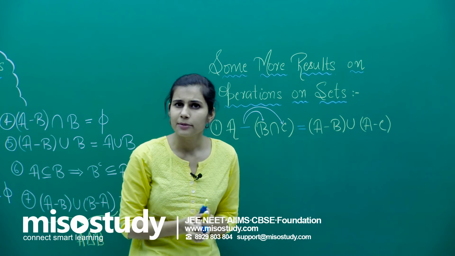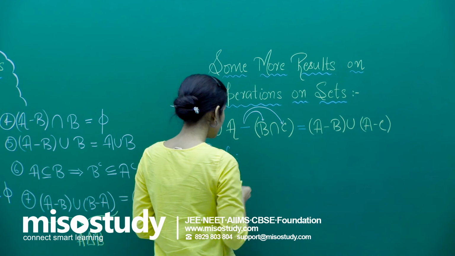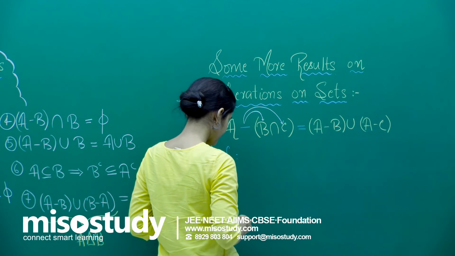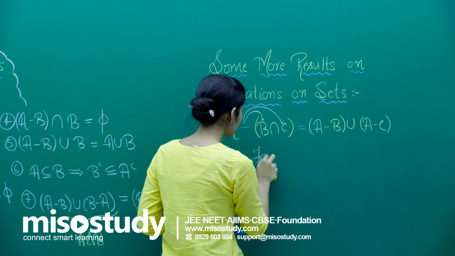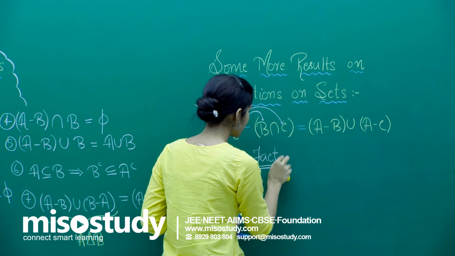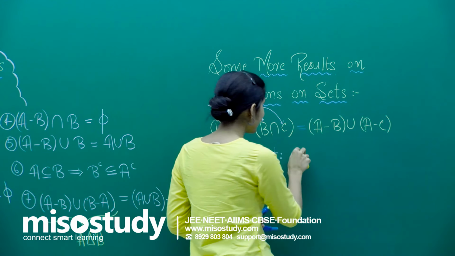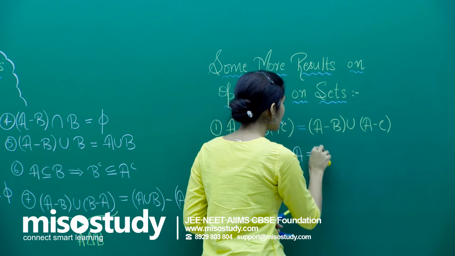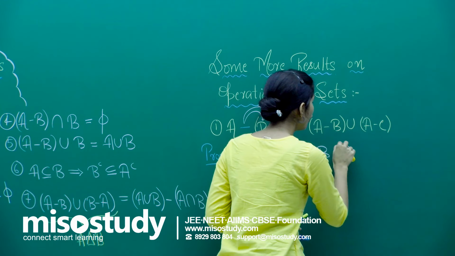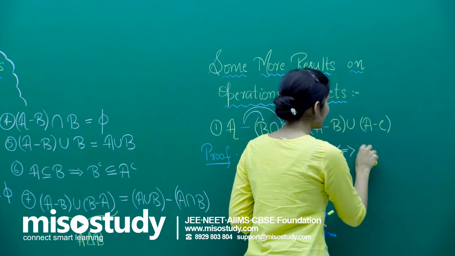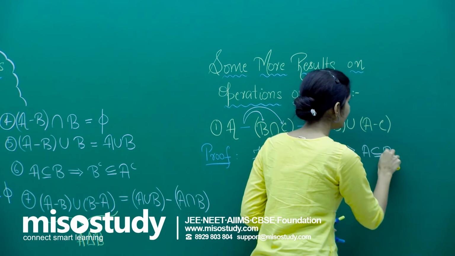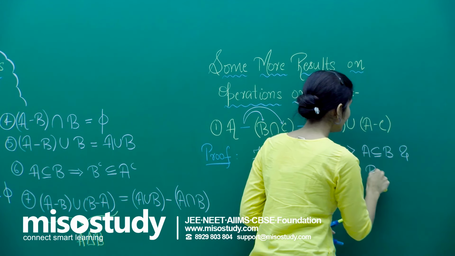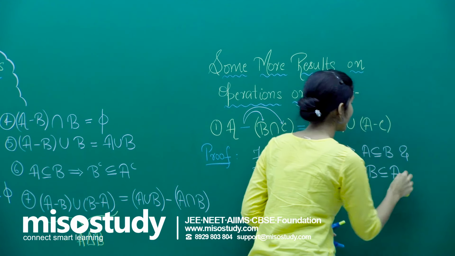What is the fact that I am using? Let me first give you that fact. That fact says that A equals B only when A is contained in B and B is contained in A.